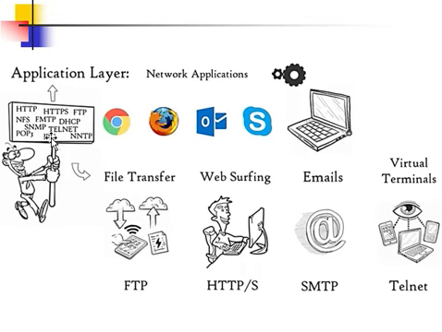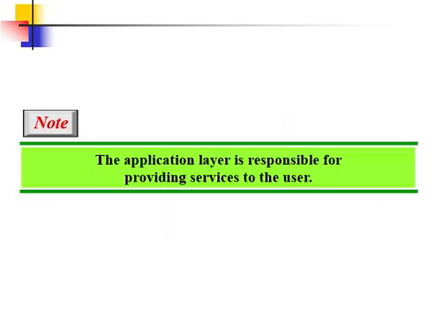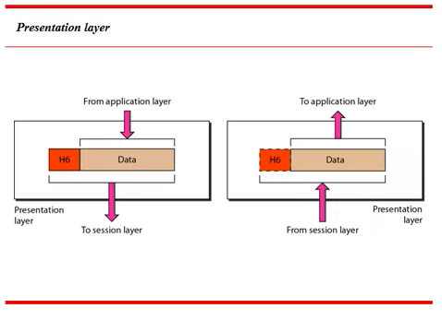For the purpose of file transfer, we use the file transfer protocol, that is FTP, and for web serving we use the hypertext transfer protocol secure, and for emails we use the SMTP protocol, and for virtual terminal we use Telnet. Note that the application layer is responsible for providing service to the user.